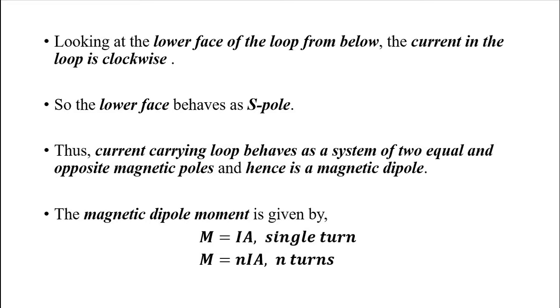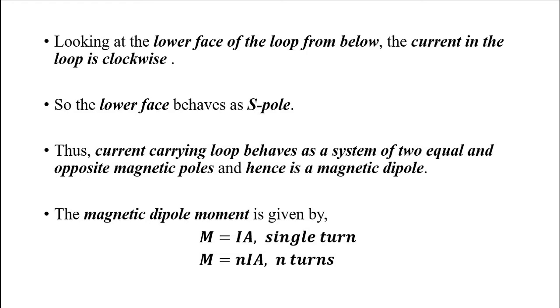Okay, the area of the wire loop. And this is for a single turn wire, and when there are n turns, a multi-turn wire, if more number of turns are there, then it is NIA. Okay, this.